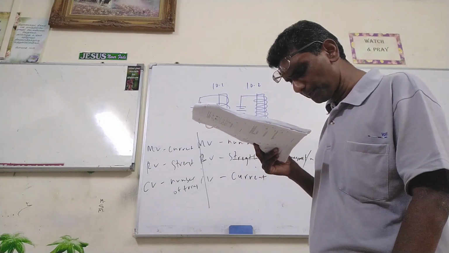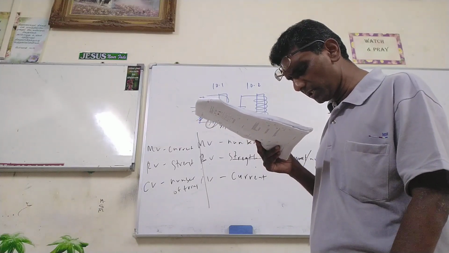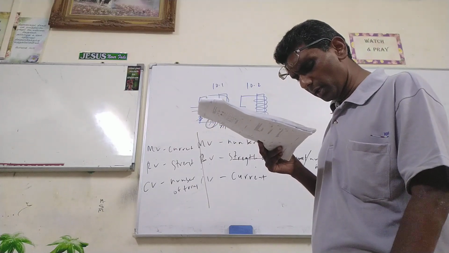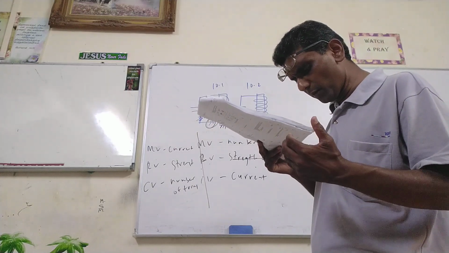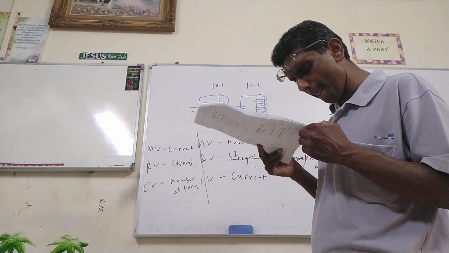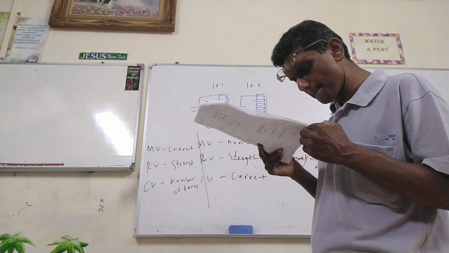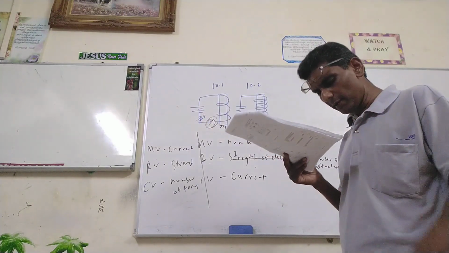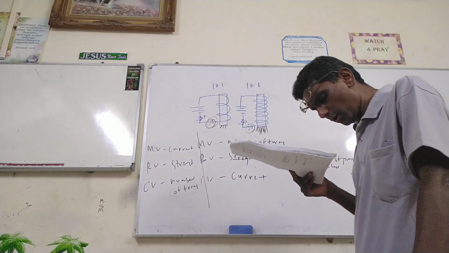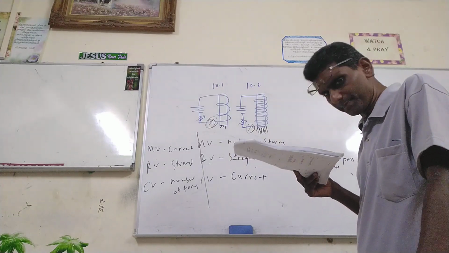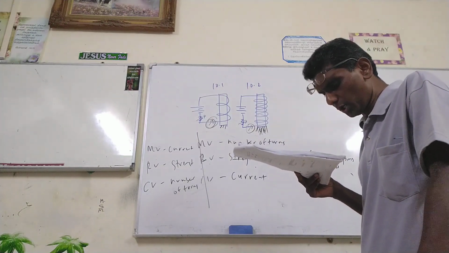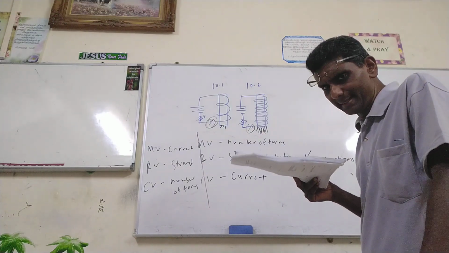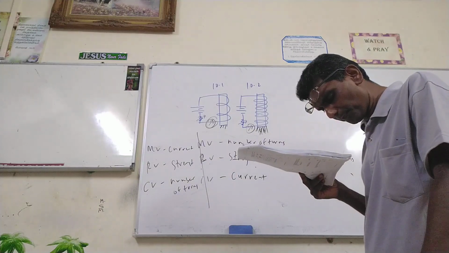The fifth point, the deduction regarding the relation between number of turns of the coil and strength of the electromagnet: when the number of turns of the coil or solenoid increases, the strength of the electromagnet also increases.